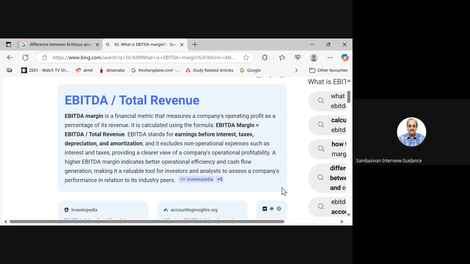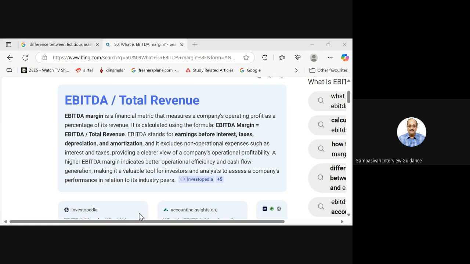A higher EBITDA margin indicates better operational efficiency and cash flow generation, making it a valuable tool for investors and analysts to assess a company's performance in relation to industry and peers.